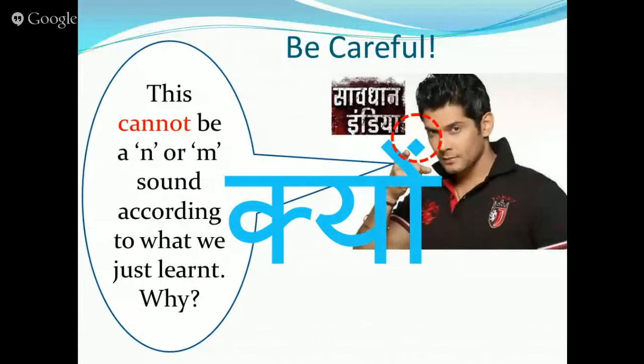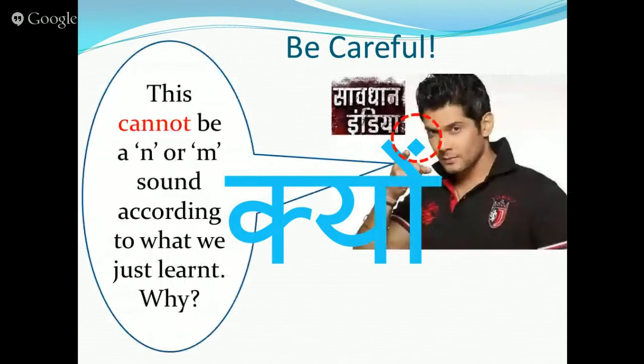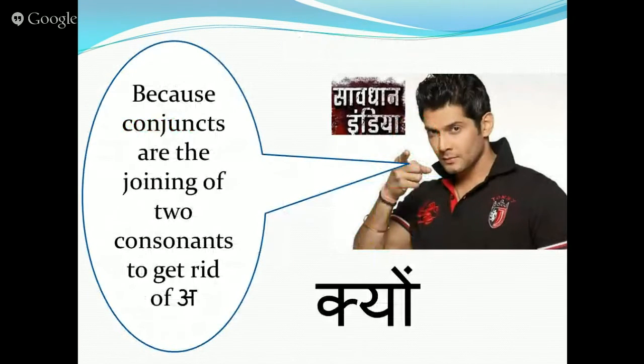And so we're discussing this dot, this bindu, this anuswar at the end of this word. What is that? Well, it can't be N or M, according to what we learned before. And why is that?